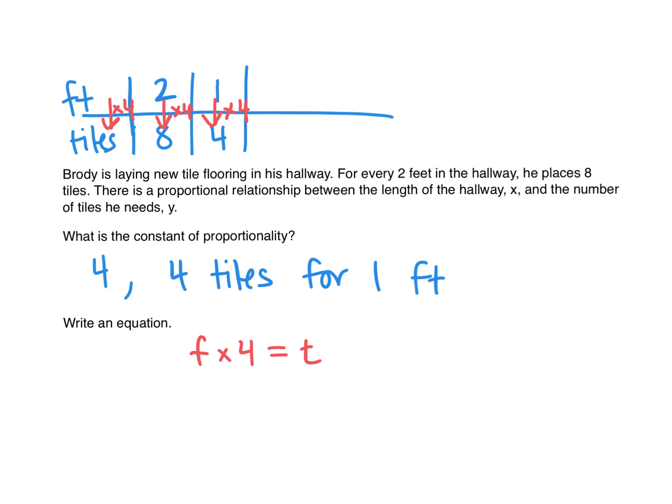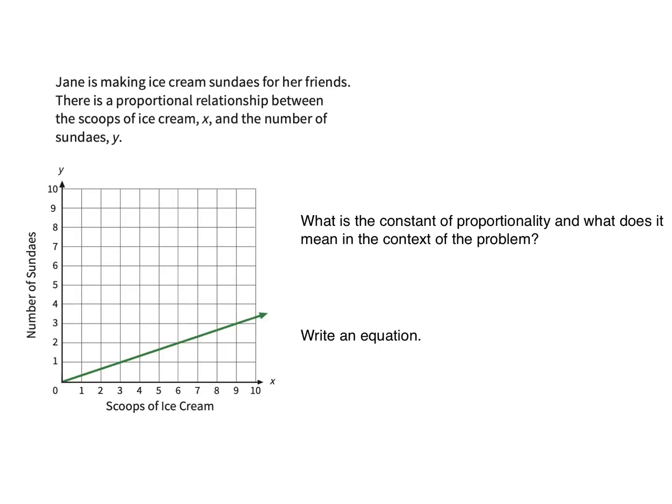But when I read the problem carefully, they're saying the length of the hallway is representing x. So it's going to be x times 4, and the number of tiles is y. Good habits, we would have it as 4x equals y. All right, hit pause and try this graph.